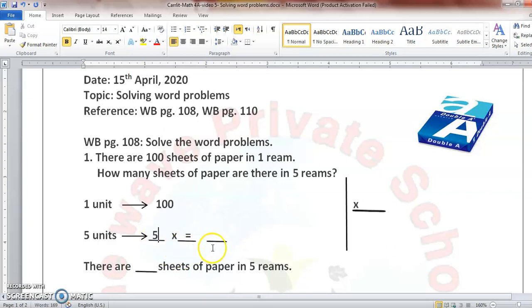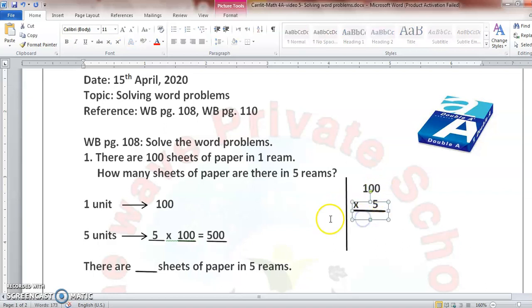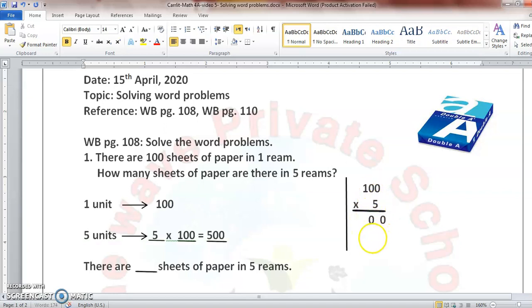So 5 times 100 equals 500. We know it. So how do we compute here? 100 times 5. 5 times 0 is 0.